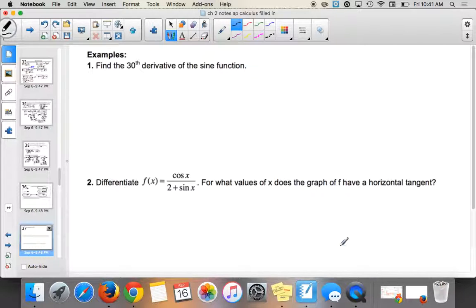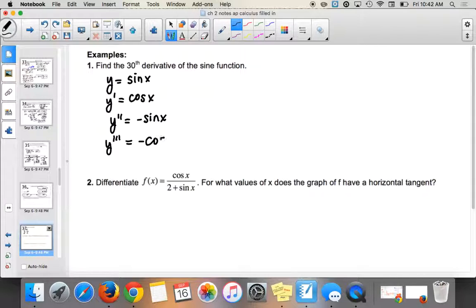I think it's 3. So if our original is sine, so y equals sine of x, y prime is going to be the derivative of sine, which is cosine. Y double prime is going to be negative sine, so it's not every 2. Y triple prime is going to be negative cosine, exactly.